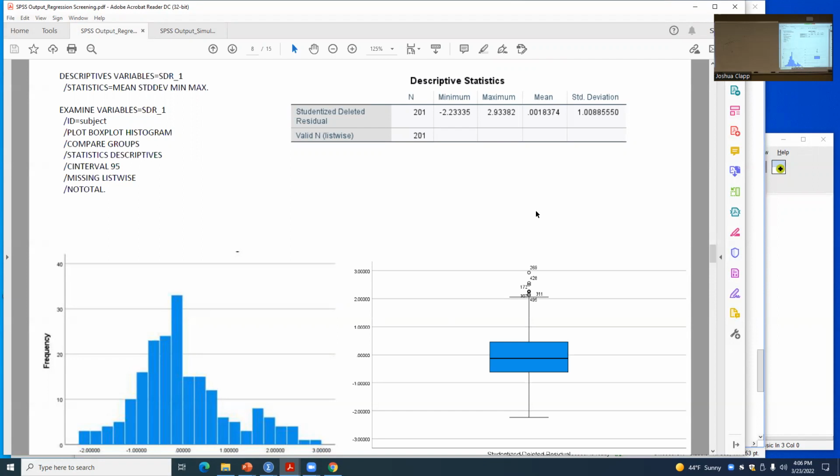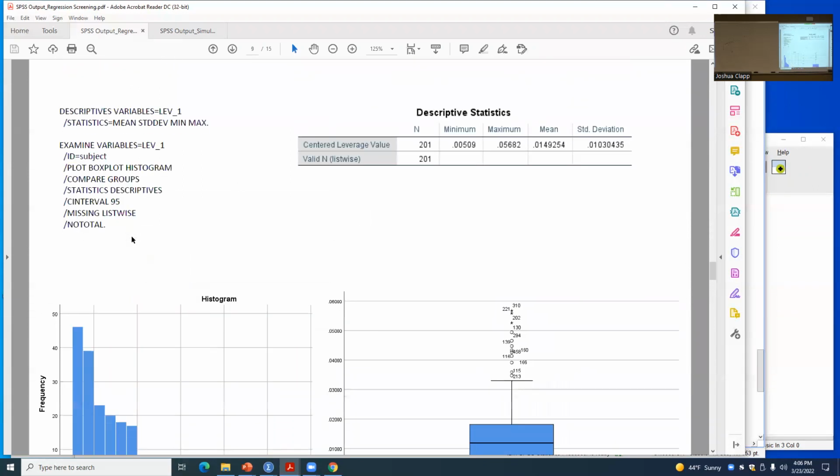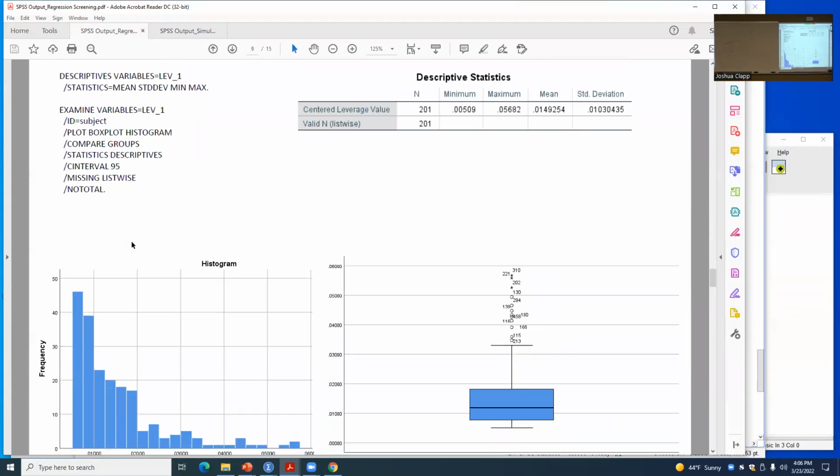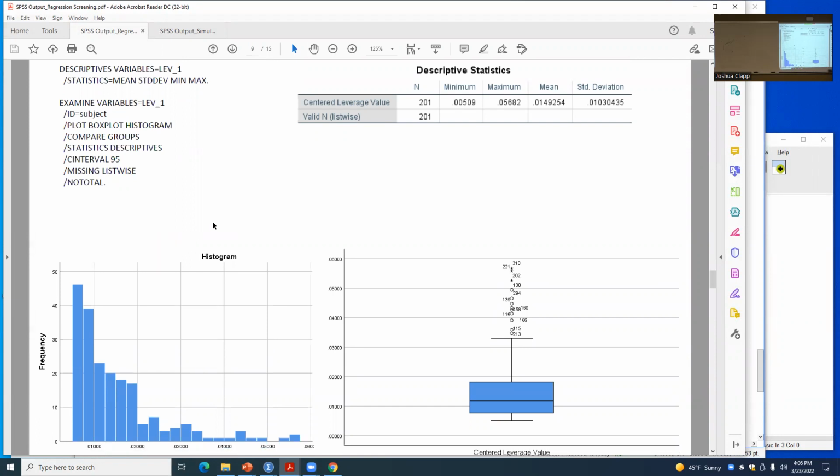So in terms of discrepancies, weirdness in Y space, there's nothing too much going on here that we need to be concerned about, okay? So what we're gonna do is then we're gonna do the same thing for our leverage values, okay? We'll just do it here, but in SPSS, you would do the same thing, descriptives explore, and run the same set of analyses, this time looking at our leverage values, okay?